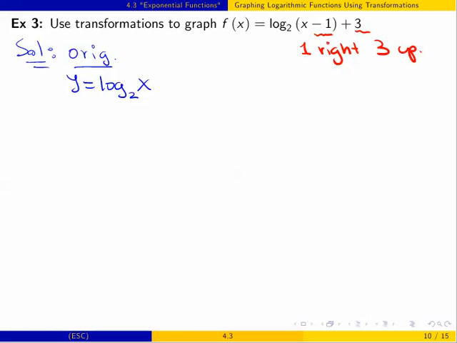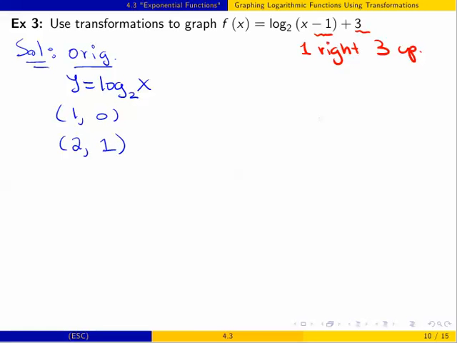So from the properties of basic logarithmic functions, we know that this guy passes through the point 1, 0, and when you let x be equal to the base, in this case 2, then the y value is 1.